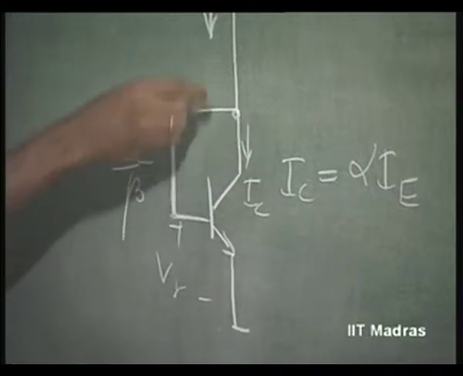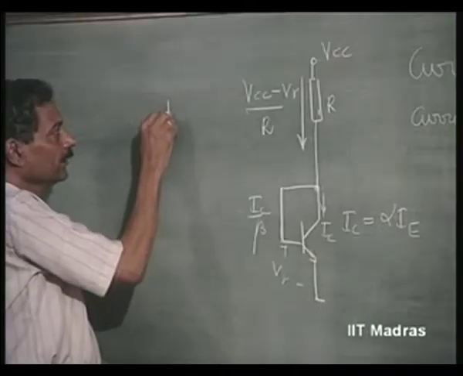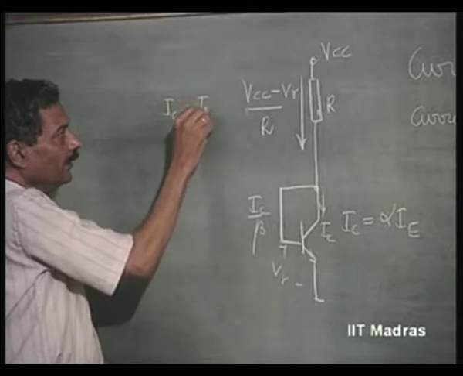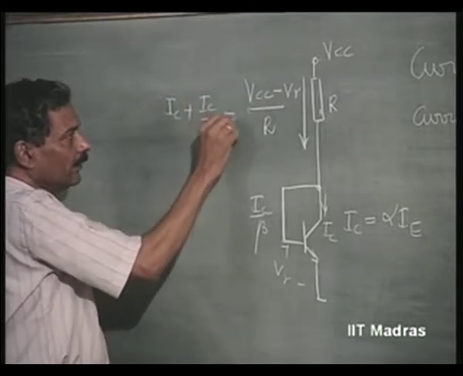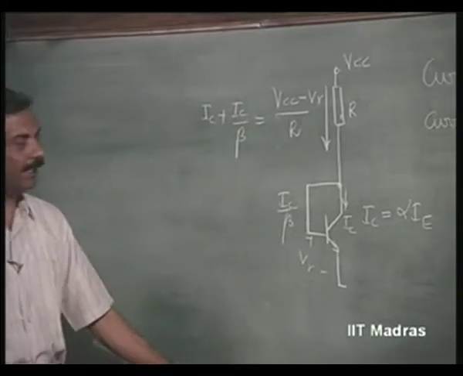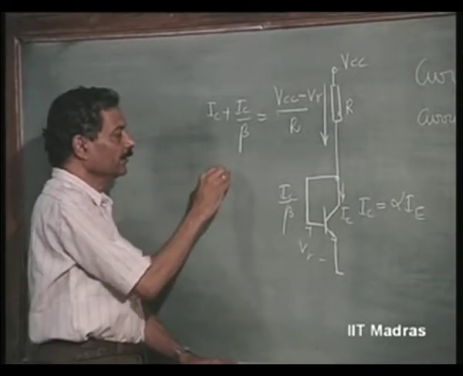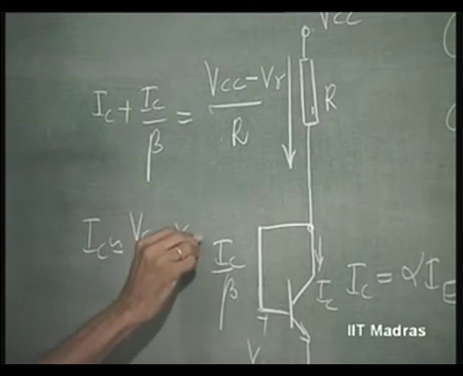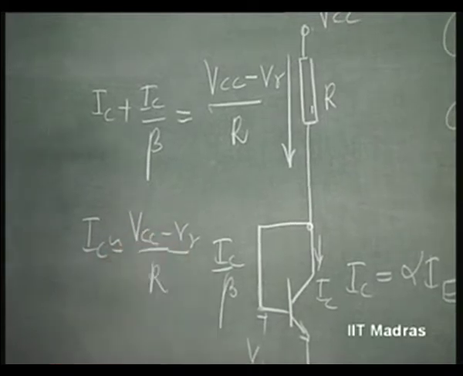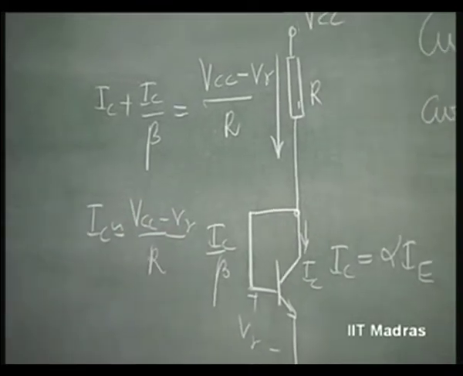So, we get here IC plus IC by beta equals this. If beta is very high, then I can fix the current in this as VCC minus V gamma by R, almost nearly independent of the transistor.